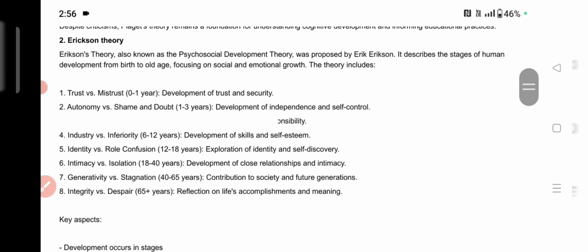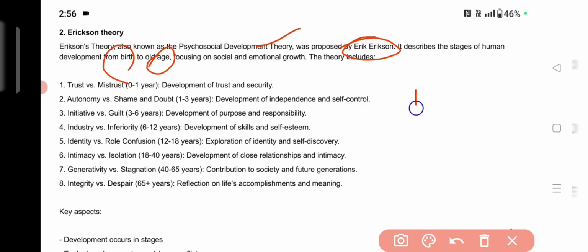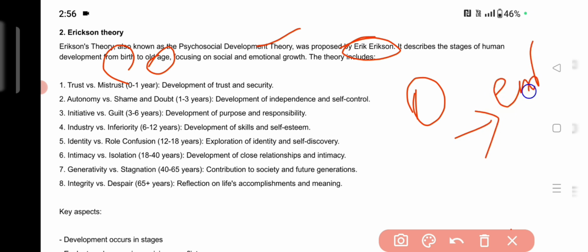Erikson's theory is the psychosocial developmental theory. It was developed by Erik Erikson. So you need to remember the name and the theory compulsorily. It describes the stages of human development from birth to old age, that means from 0 to the end of the age of the individual.